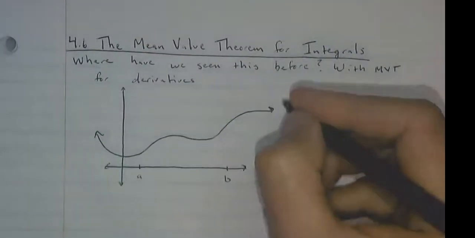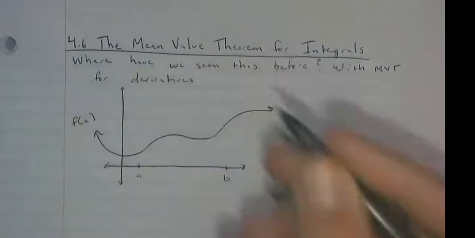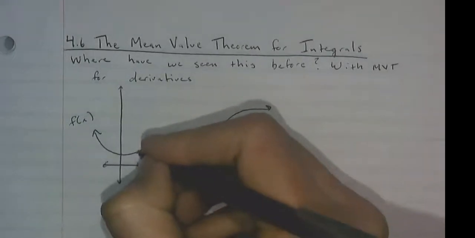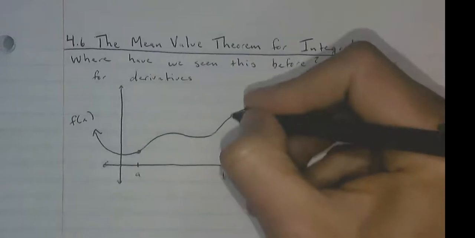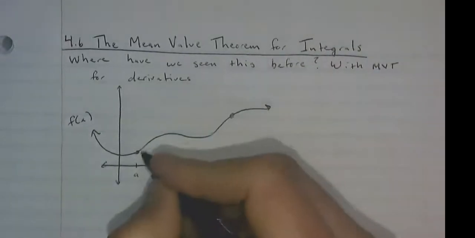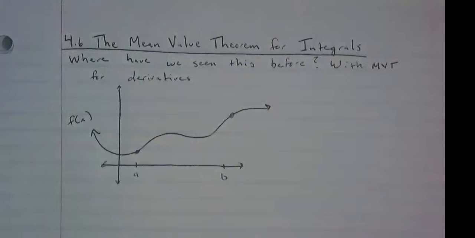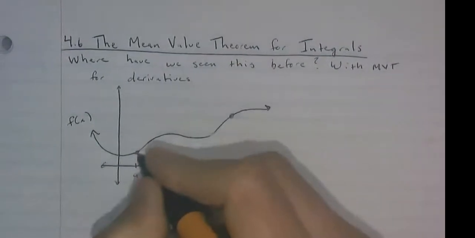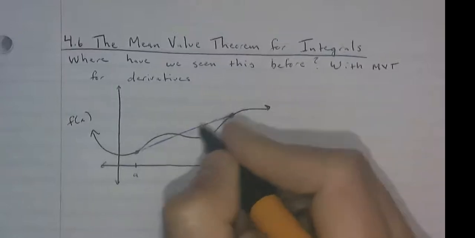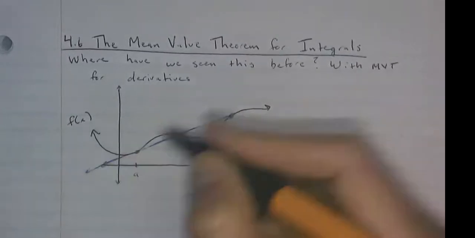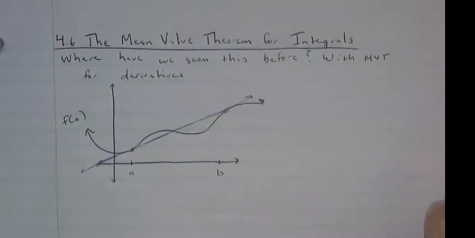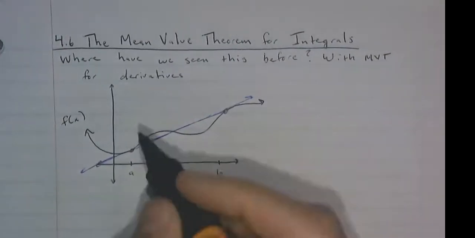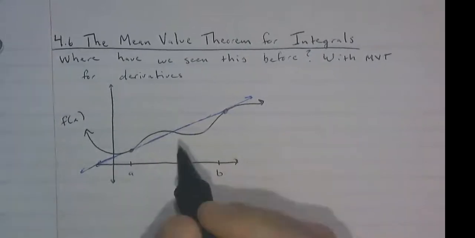I'll call this f of x. That if you were to draw the secant line between the endpoints on that closed interval, and find the slope of the line passing through those two endpoints, somewhere in that interval between A and B, there's going to be a value on your function whose derivative equals that secant.